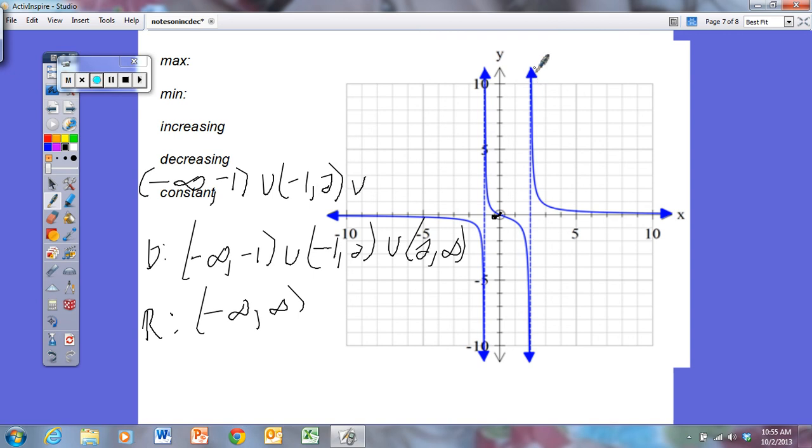Then my graph comes up here and it's still decreasing from 2 to infinity. So it's always getting smaller, because remember we always go from left to right. The function is not defined at negative 1 or 2. So those can't be in your interval of increasing and decreasing.